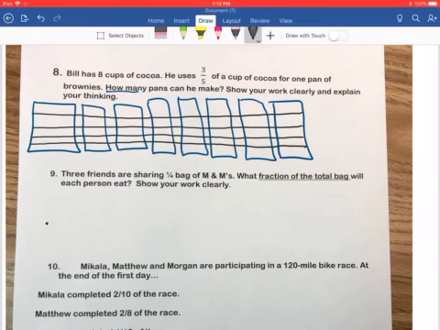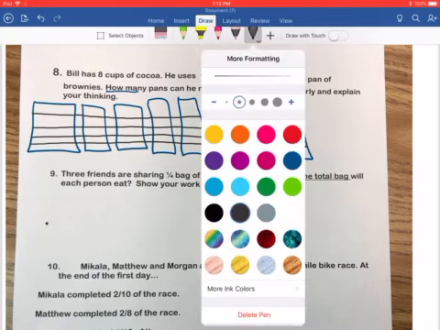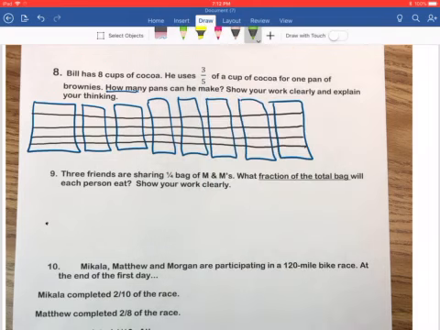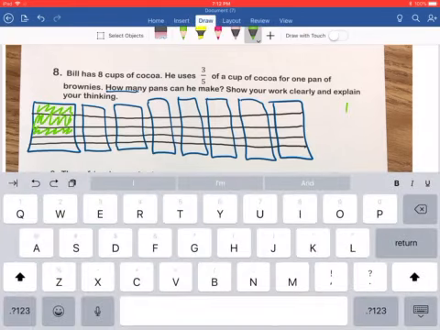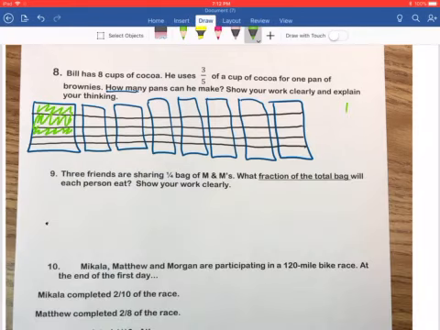All right. 3 of these little pieces each makes 1 pan of brownies. That's a pretty good return on your investment there. All right, so 1, 2, 3. There's 1 pan of brownies. 1, 2, 3.